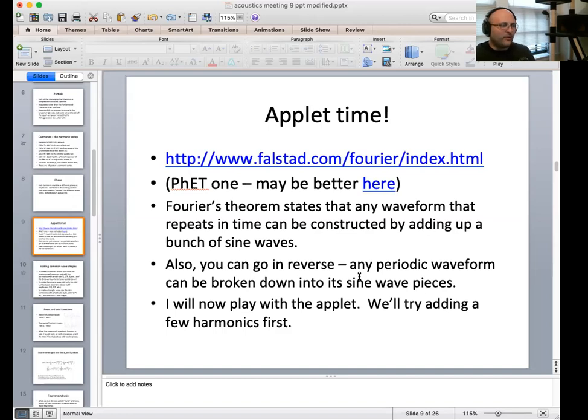All right, so Fourier's theorem states that any waveform that repeats in time can be constructed by adding up a bunch of sine waves or cosine waves, and my videos on those applets show how it does it. Actually, Fourier wasn't studying anything about acoustics at all when coming up with this.